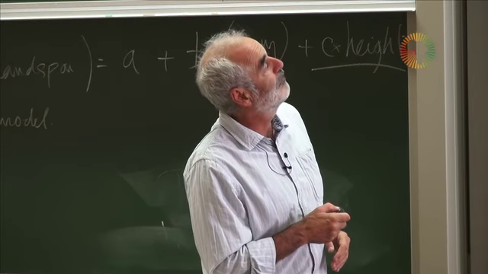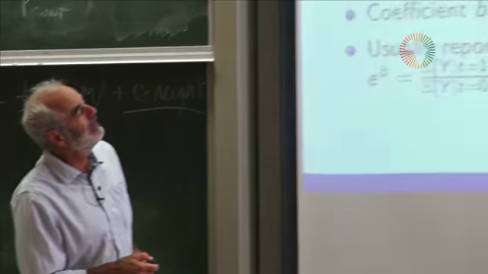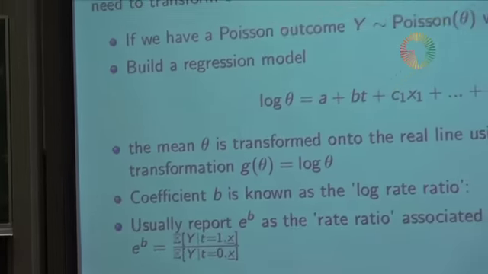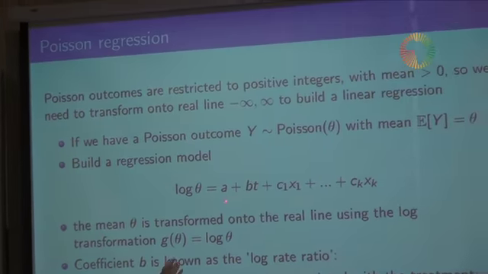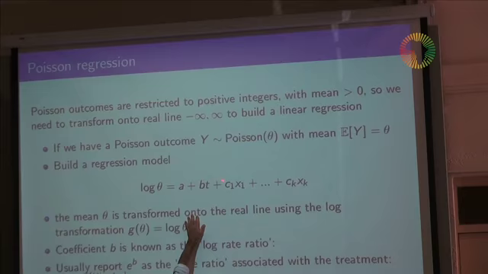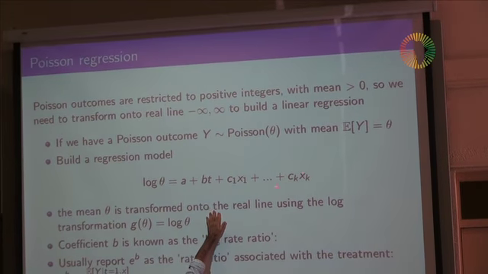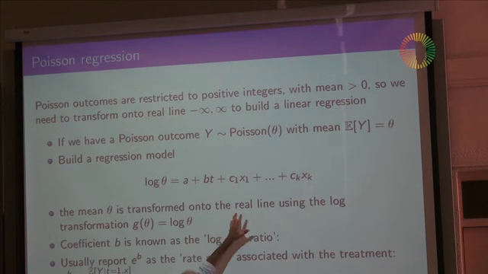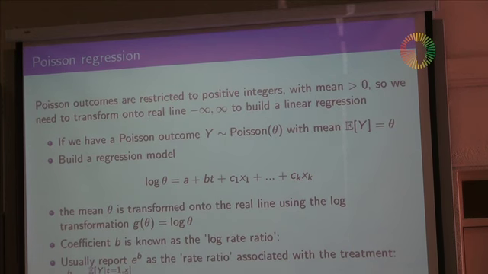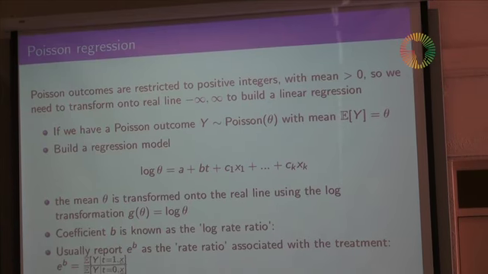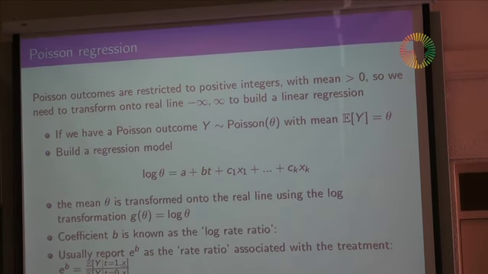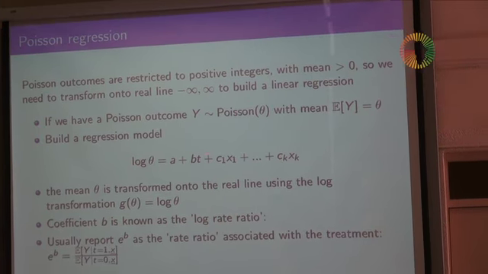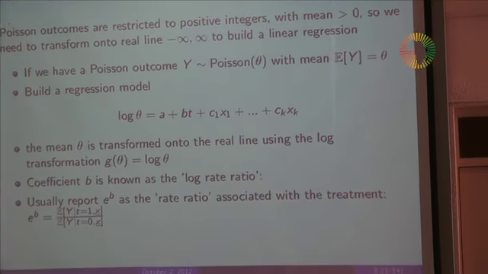So if we have a Poisson outcome, we've got mean theta. Now the problem is that theta is positive. And if we built a linear model on theta, we'd have to make sure that this always was positive. It's quite difficult. You can do it. You can build regressions which are always going to be positive. Much easier to build a linear regression on the log of theta.